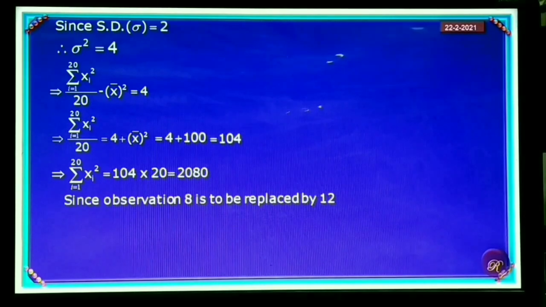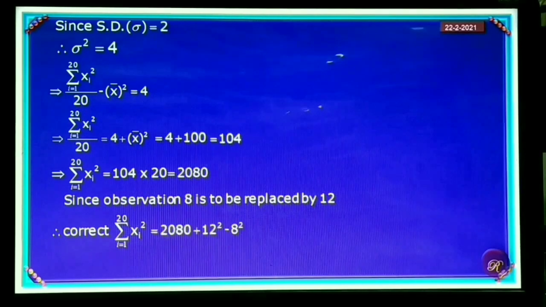Since observation 8 is to be replaced by 12, therefore correct summation of xi square, i is equal to 1 to 20, is equal to 2080 plus 12 square minus 8 square, is equal to 2080 plus 144 minus 64. Yes, what is the simplification?